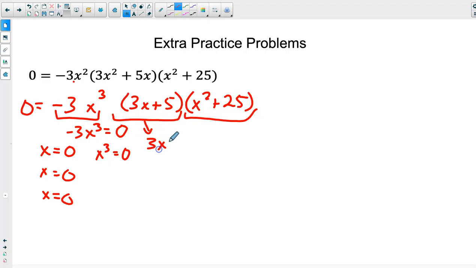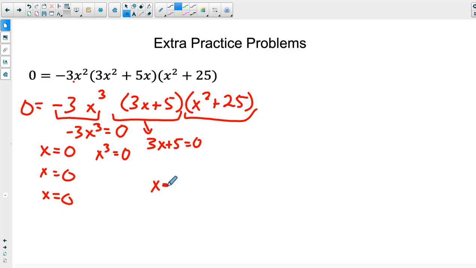We go to the next one, I get 3x plus 5 equals 0. A little bit of work to do there. You do the work, give me the answer. What'd you get, Mason?